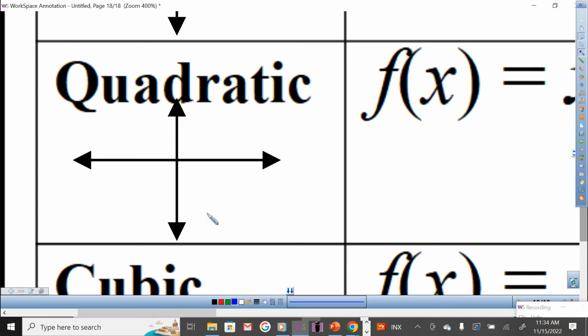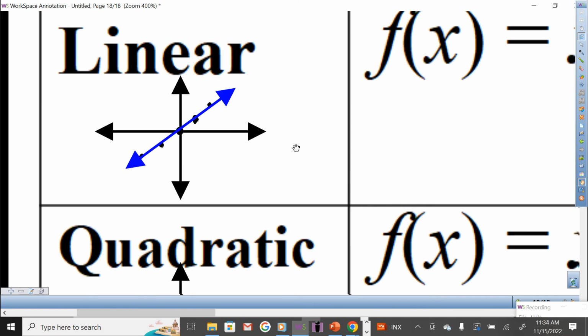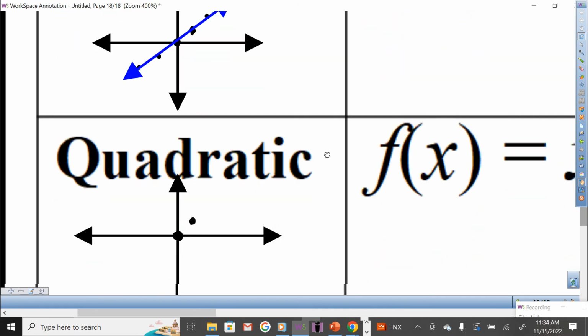Fredo, what are the first 2 points? 0, 0. 1, 1. So let me make sure that we're getting that idea. Look at this linear. What were the first 2 points? 0, 0, 1, 1. Let me go to the quadratic.